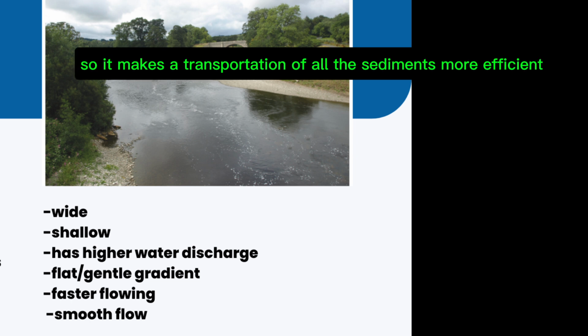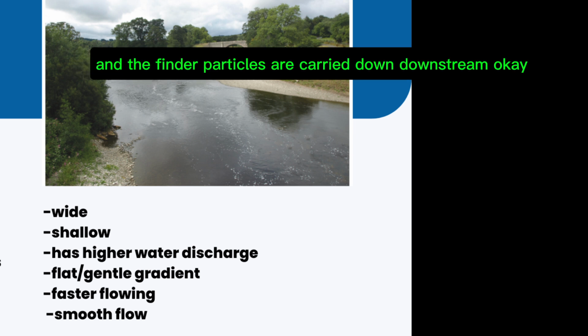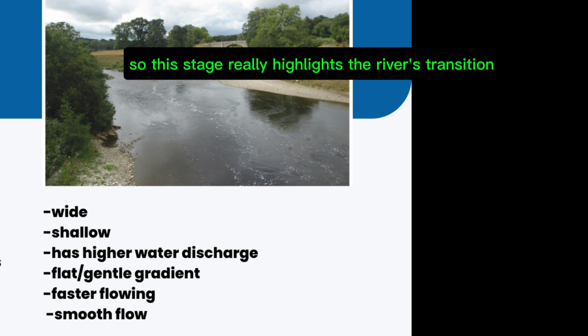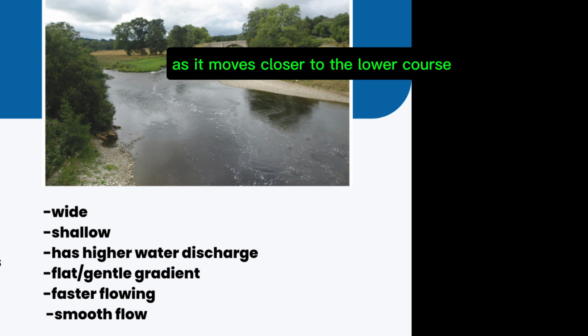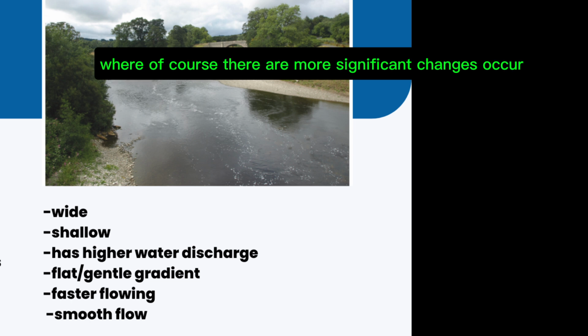So it makes the transportation of sediments more efficient, and the finer particles are carried downstream. This stage really highlights the river's transition as it moves closer to the lower course, where, of course, more significant changes occur.